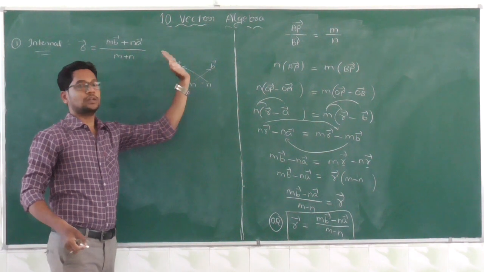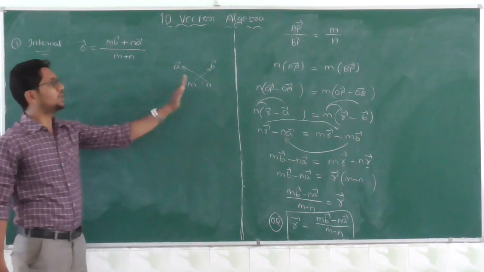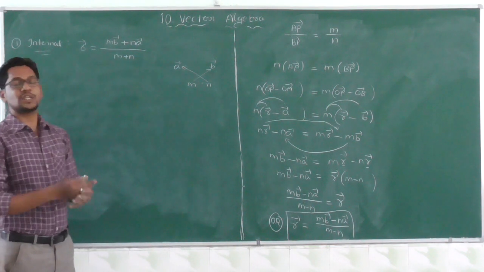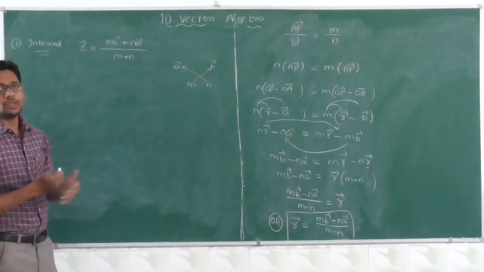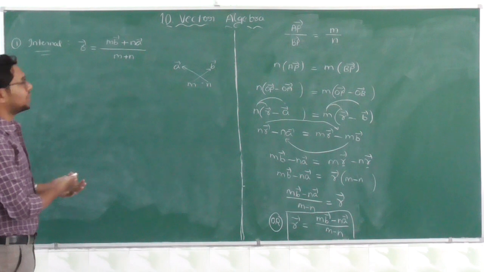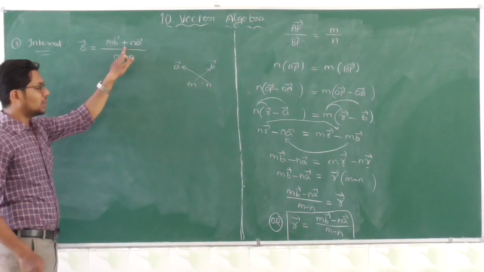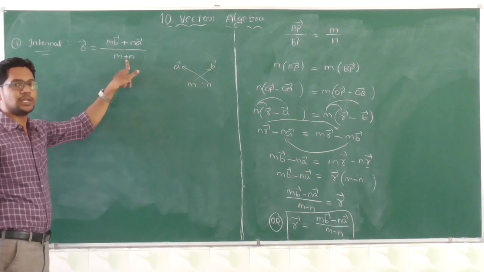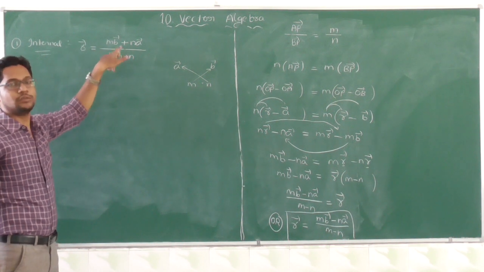It is the shortcut method to remember these section formulas. What about the external case? It is very simple: m B vector minus n A vector divided by m minus n. Here we have plus, and for the external case we get minus.